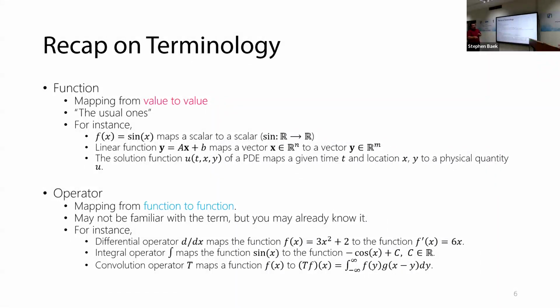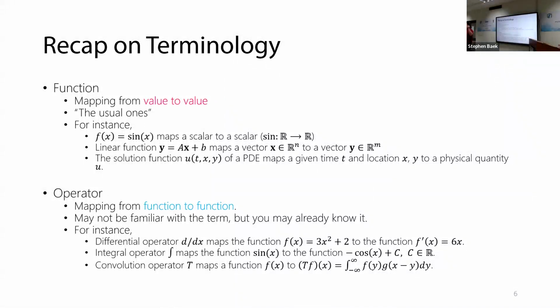For example, given a function defined as 3x squared plus 2, what a differential operator does is spit out a new function, 6x, which is the derivative output. So that's a differential operator. The integral operator is another operator.